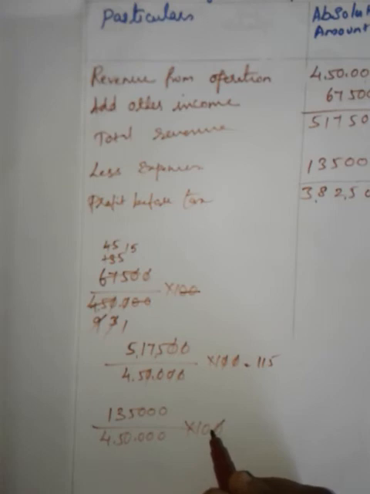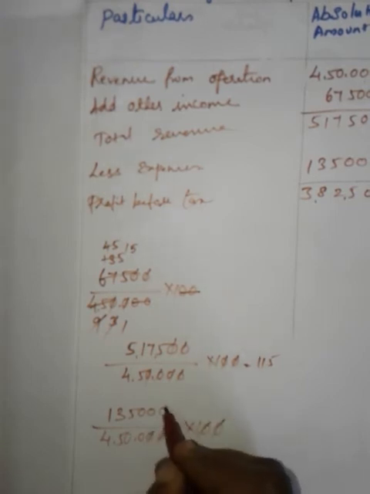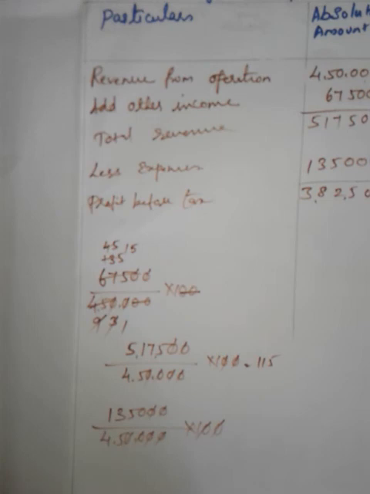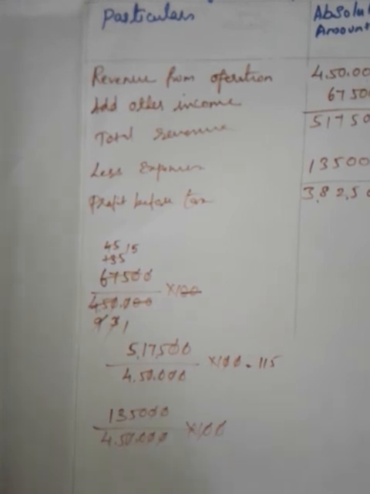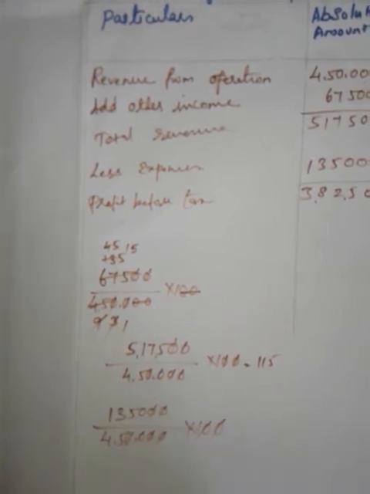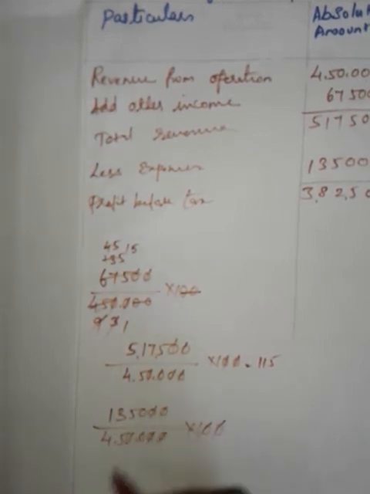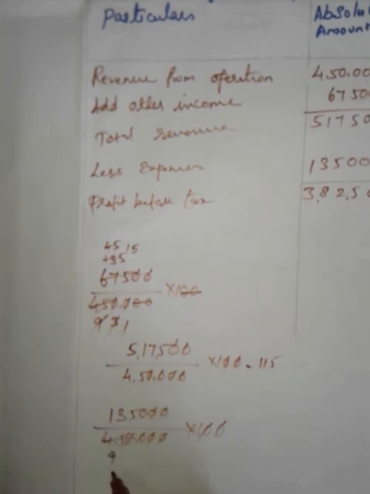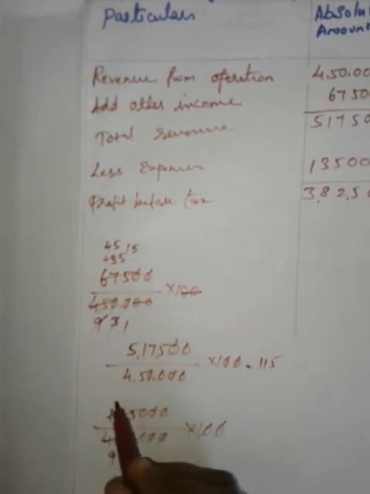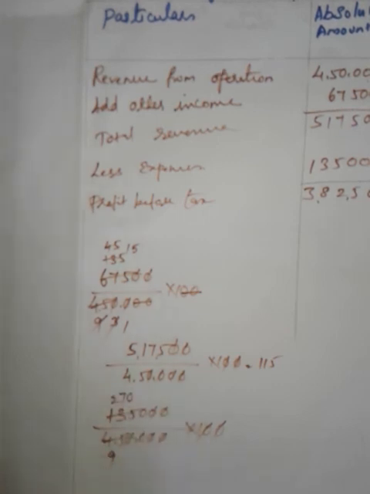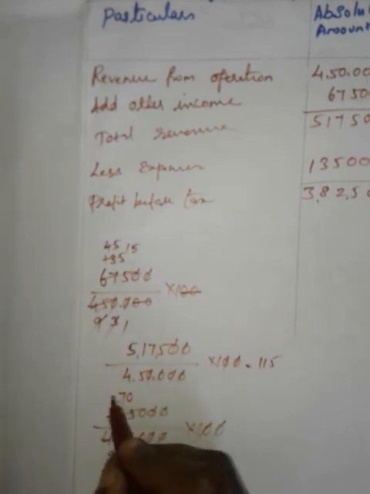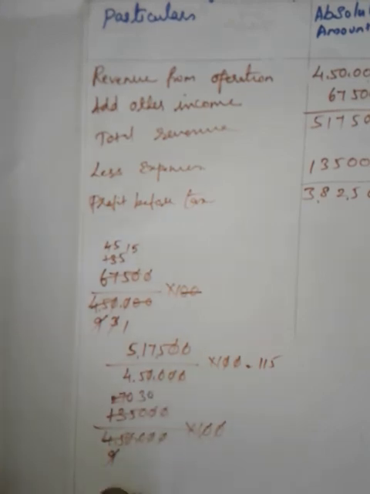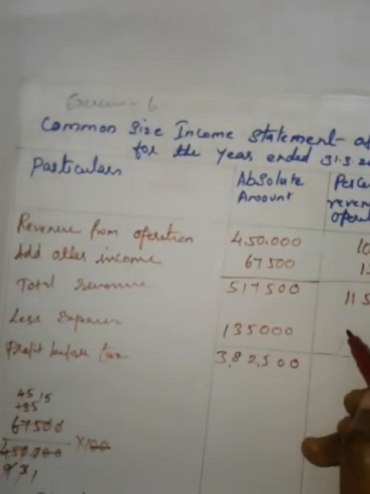Here also I want to simplify. 45 is 9 times, 0 is there, so we can make it 30.